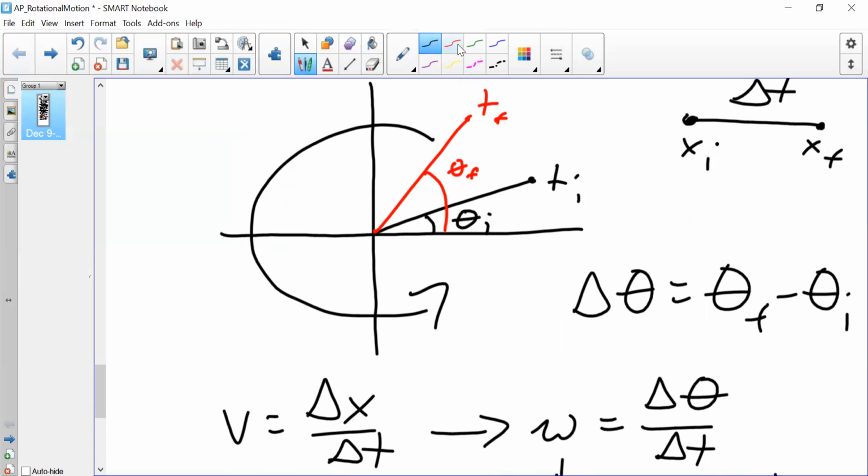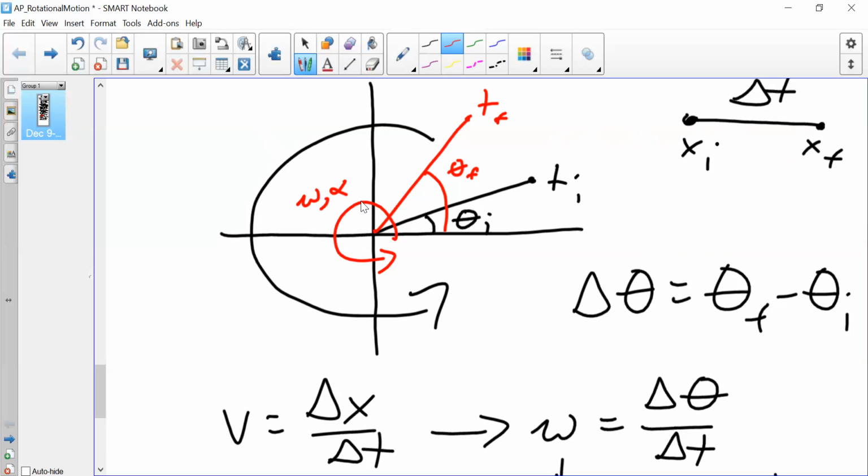So all of the angular velocity, angular acceleration, torque, angular momentum are all going to be produced at the center of the circle.